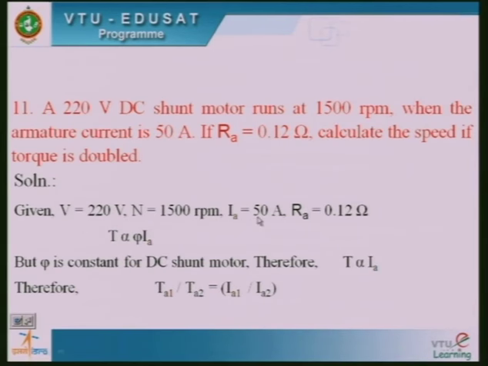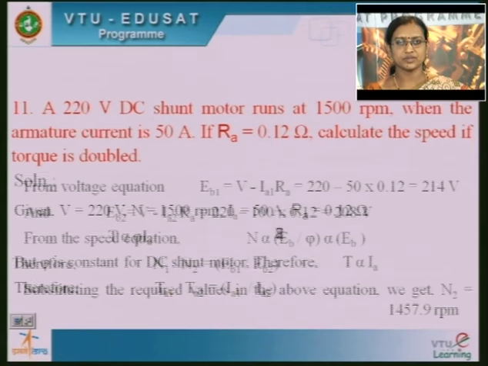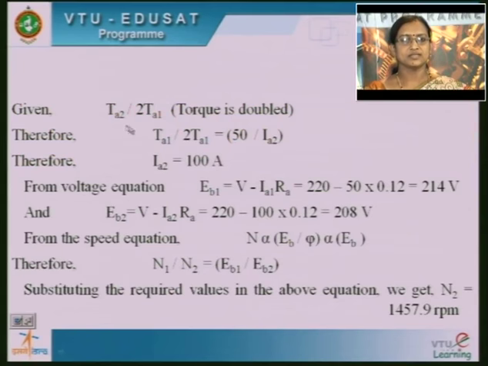In the previous case, the armature current Ia1 is equal to 50 ampere. Since torque T2 is twice T1, Ia2 is 2 times Ia1, the TA1 cancels out. Now, we have to calculate this Ia2.